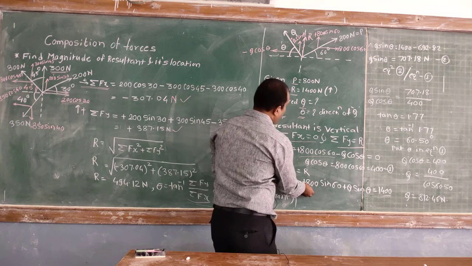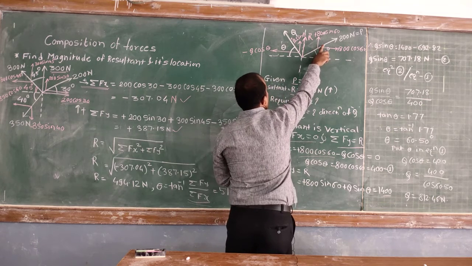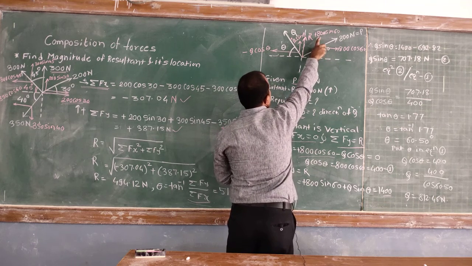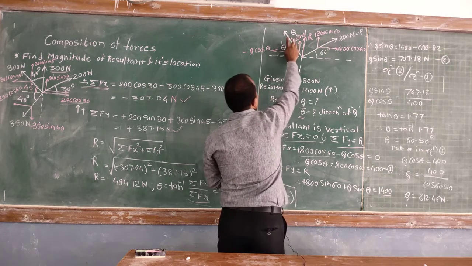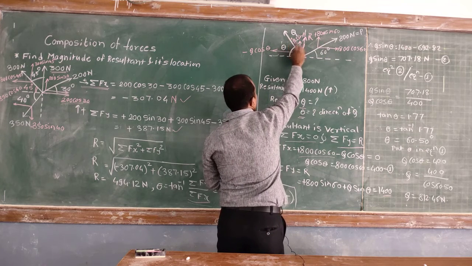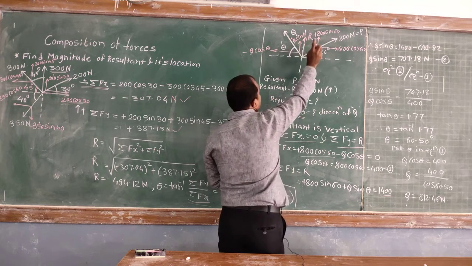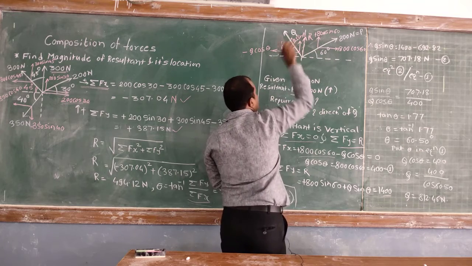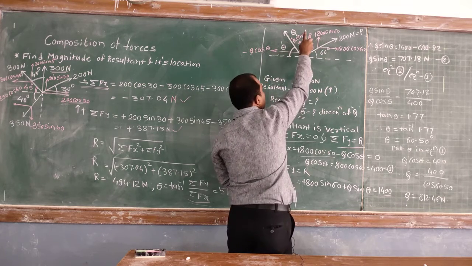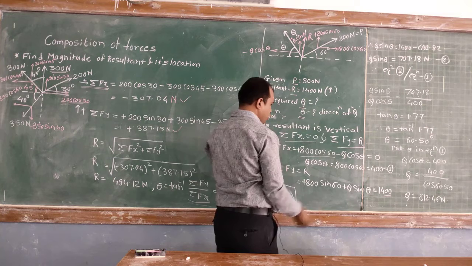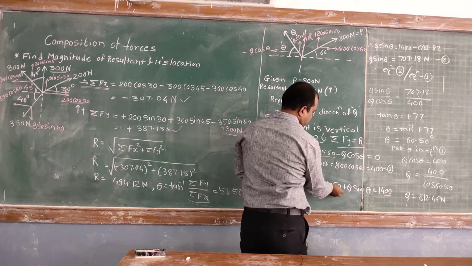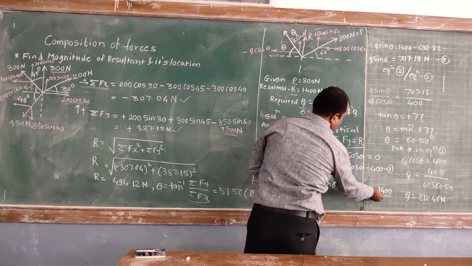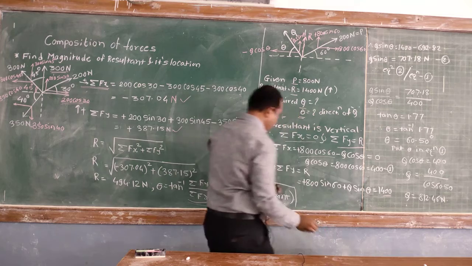The y component of the 800 N force is 800 sin 60, and the y component of Q is Q sin theta. Both are vertically upward, so both are positive, and R is also vertically upward, so it is also positive. So 800 sin 60 plus Q sin theta is equal to 1400.